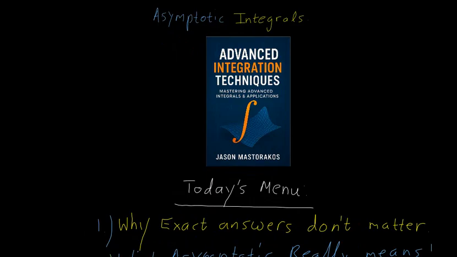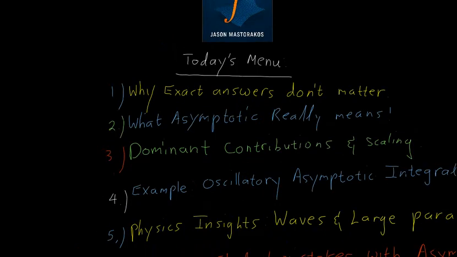If you ever felt uncomfortable stopping before an exact answer, this video is for you. All right, so the first thing we're going to look at today is why exact answers don't matter. Let's check that on our list.